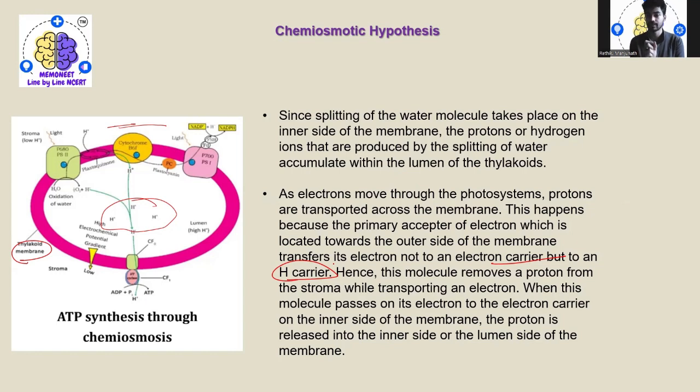This is very important. When this molecule passes on its electron to the electron carrier inside the thylakoid membrane, the proton is released into the inner side, the lumen, of the membrane.